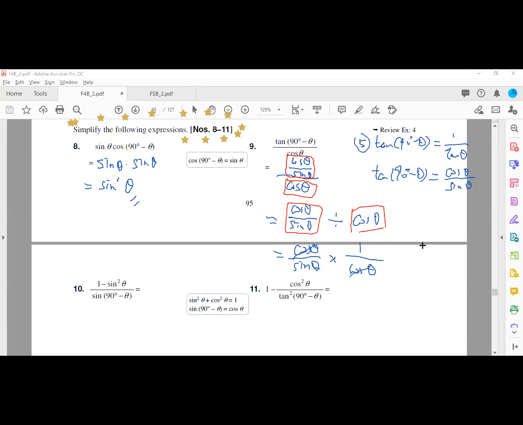Okay, and then after cancelling the common factors, we need to merge the fractions together. Okay, up to up, down to down. So for the upper part, just 1 is remaining, and then for the lower part, we have sine theta, so it's just 1 over sine theta. That is the answer.